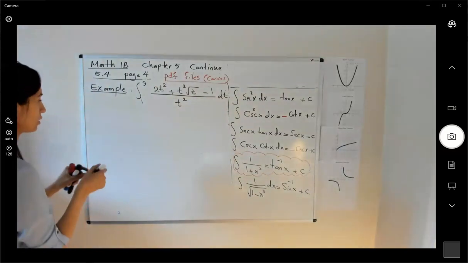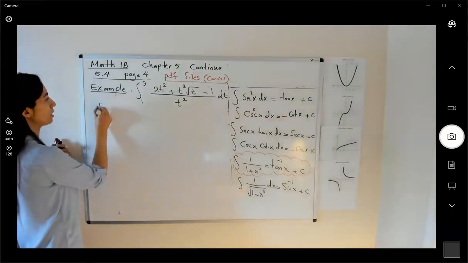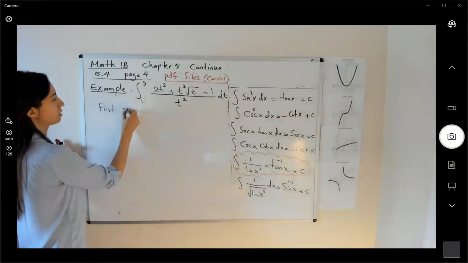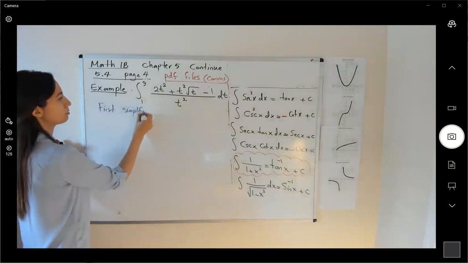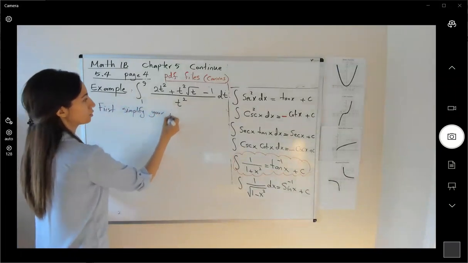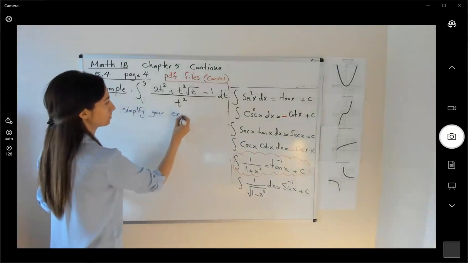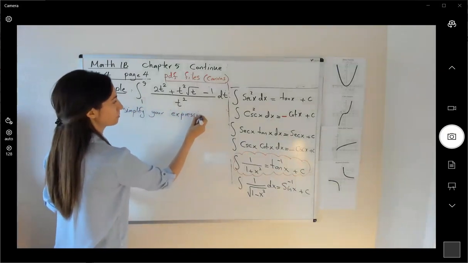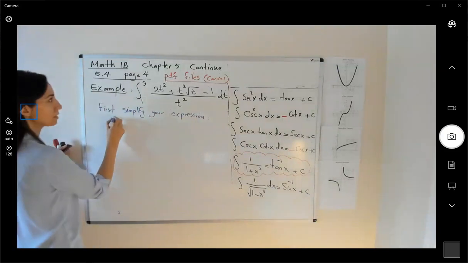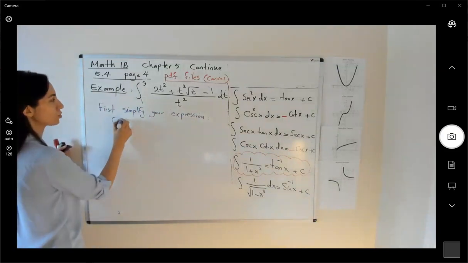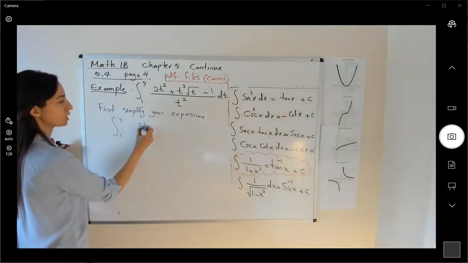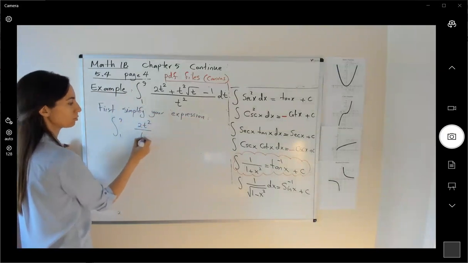So, first, simplify your expression. This is the integral from 1 to 9 of 2t squared divided by t squared.